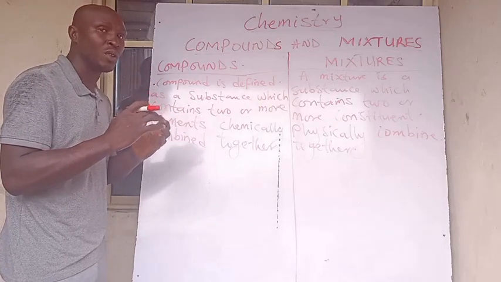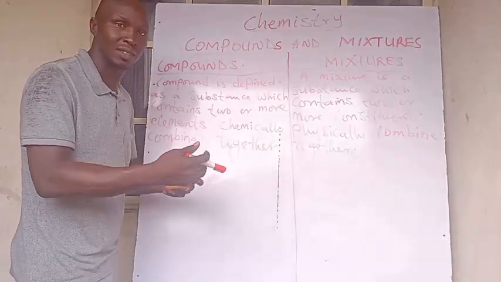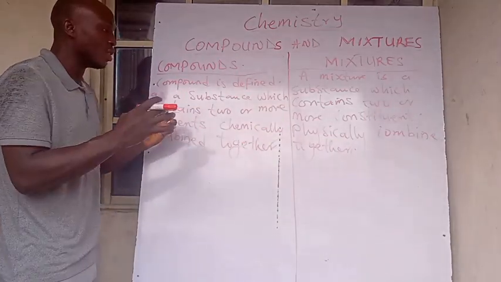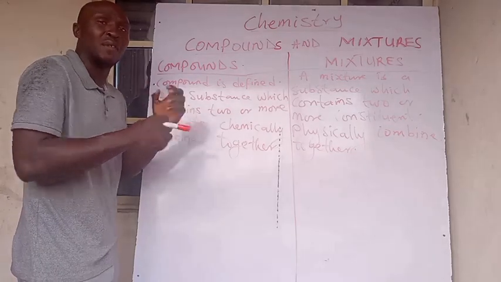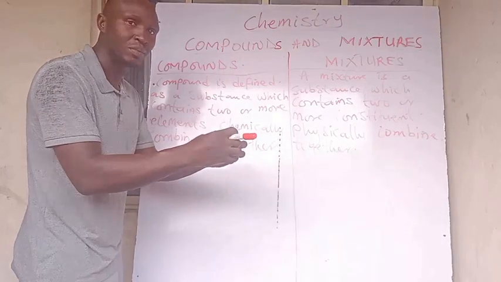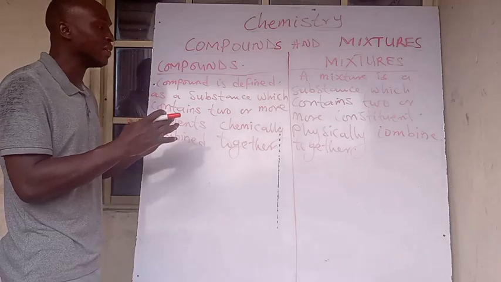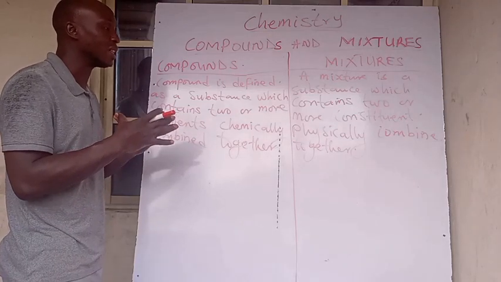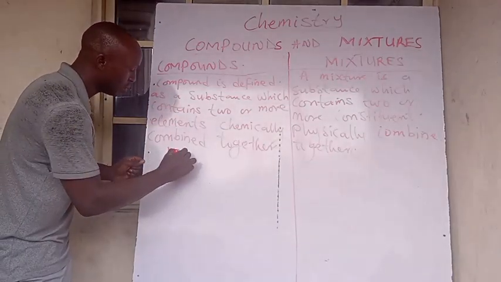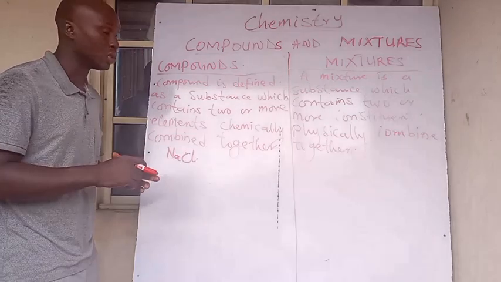That is to say, compounds are new substances. One of the things we must know about compounds is that they are different from what is used in creating them. For example, sodium chloride, which is common salt.